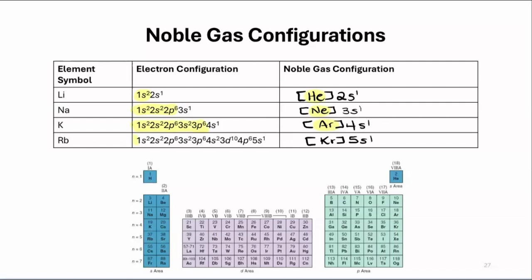Out of rubidium, all the way from 4s2 all the way to 4p6, that is the configuration of krypton. And as you can see, we write at the end of the bracket the valence electron for the atom.